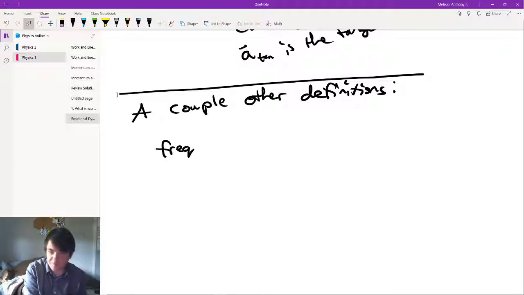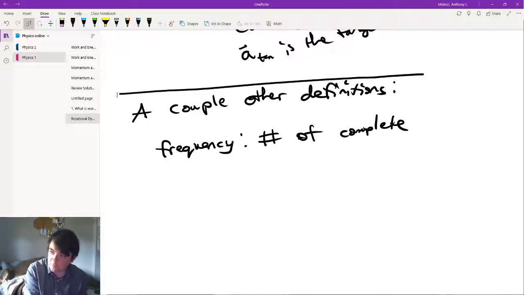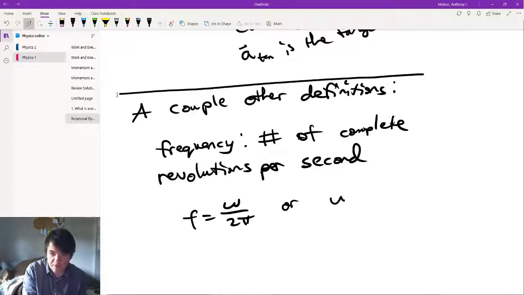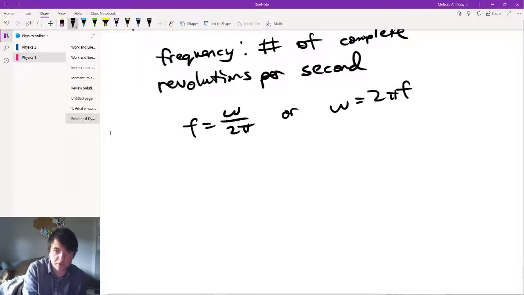There's frequency, which is the number of complete revolutions or rotations per second. So you get f equals omega over 2 pi, or you may see this as omega equals 2 pi f, just multiplying it over.